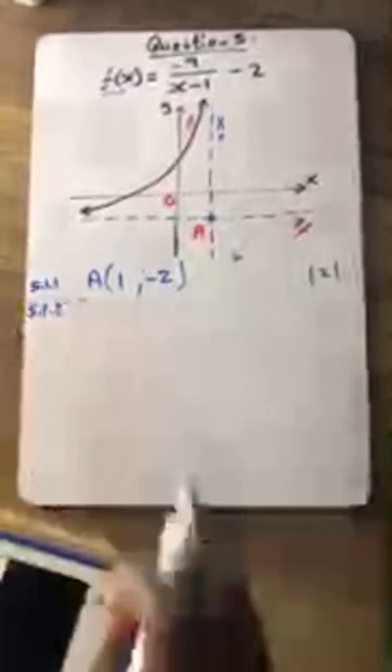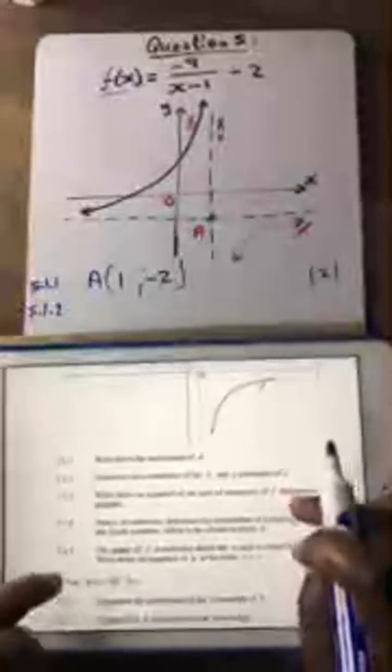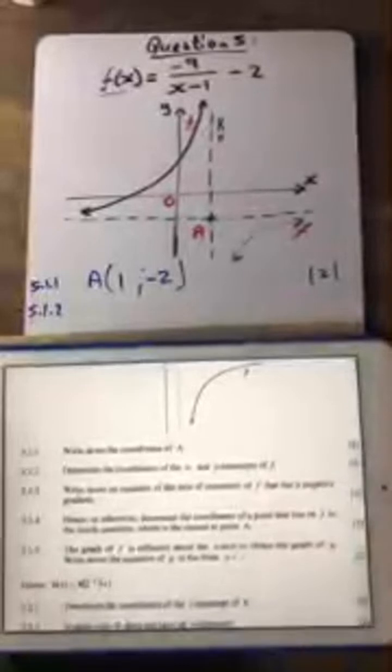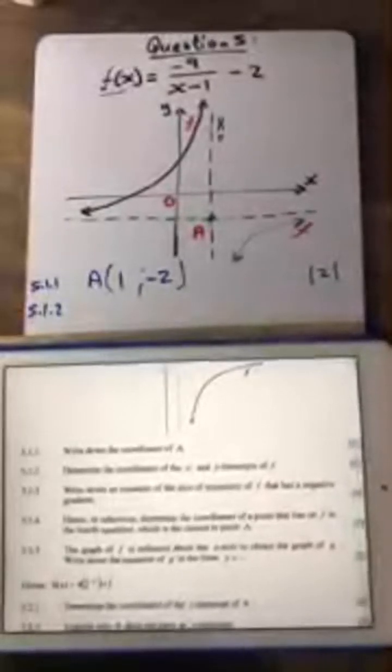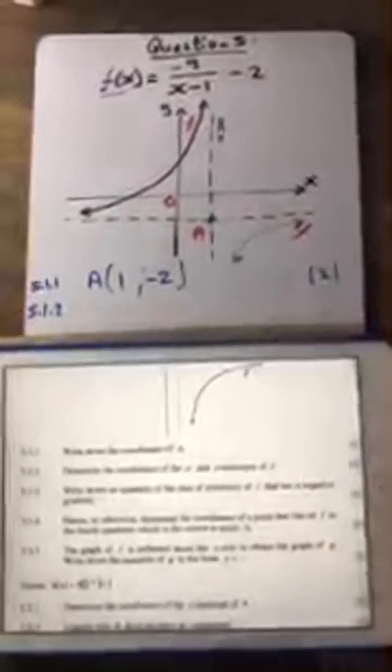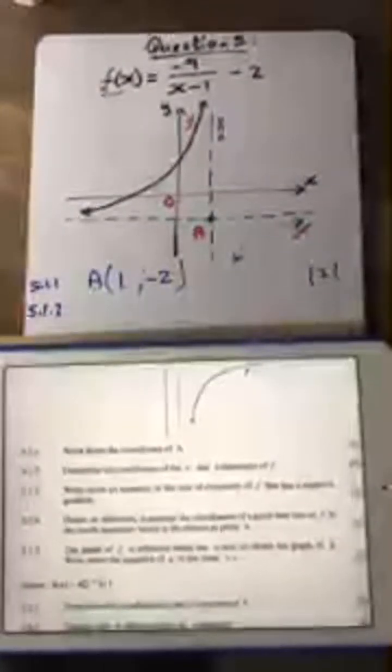Okay, so now very quickly let's move on to 5.1.2 and see what the question says on that one. It says, determine the coordinates of x and y intercepts of f. And you look at the marks, then you realize you are definitely going to do some calculations there.